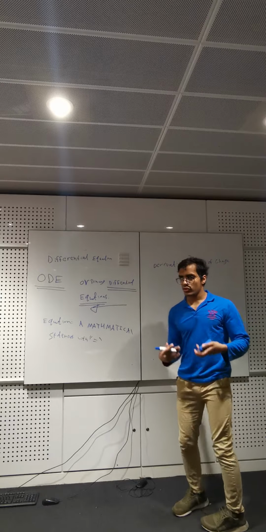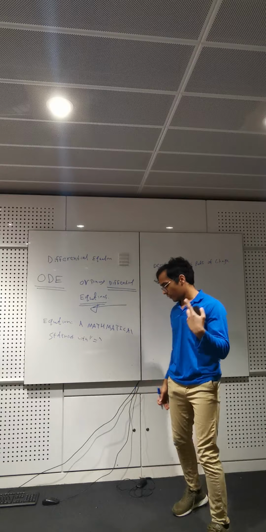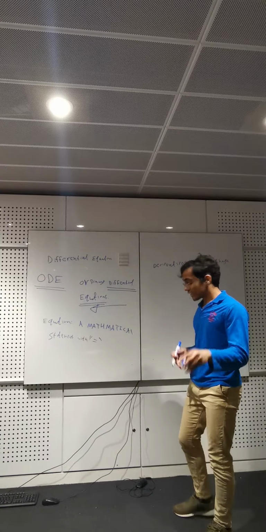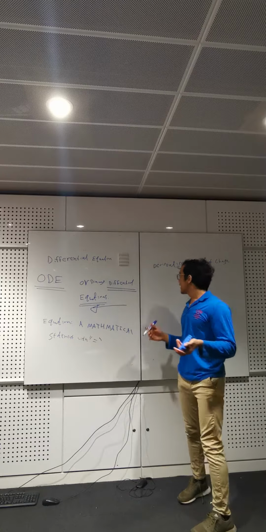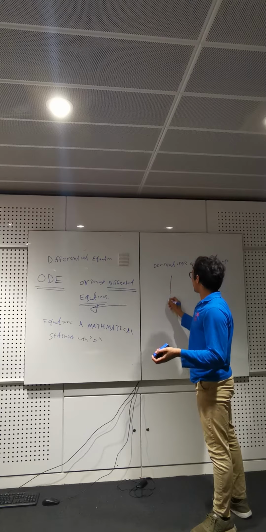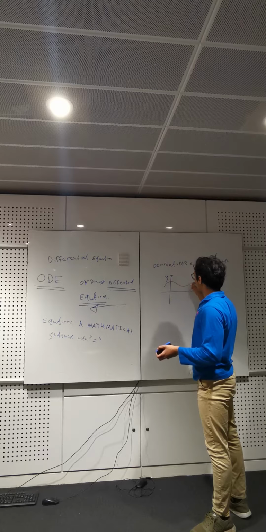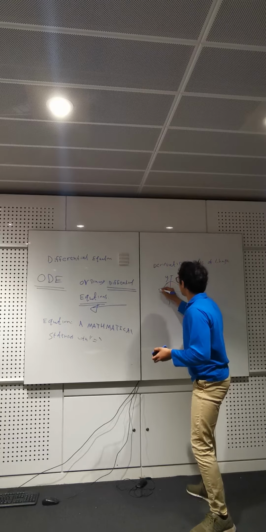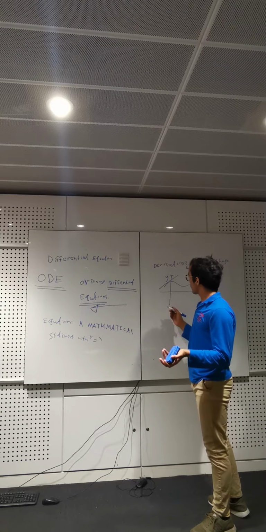And the derivative is also, geometrically speaking, for the ordinary derivative, a slope. So if this was x and this was y, take the tangent at a particular point, it's going to be the slope.